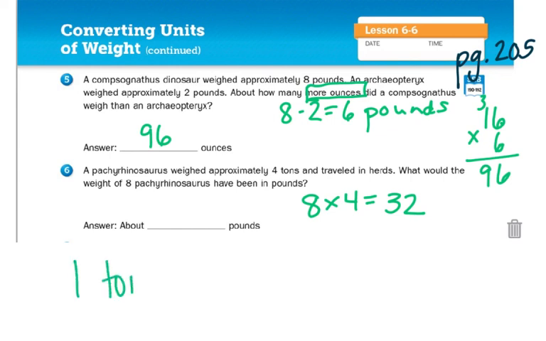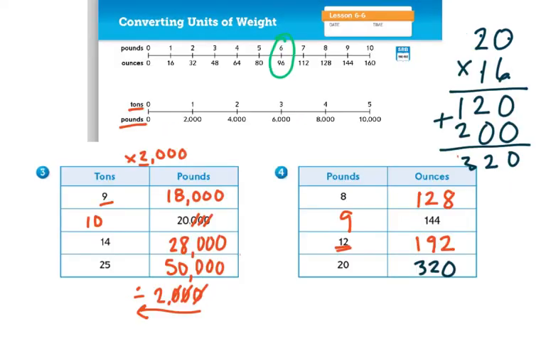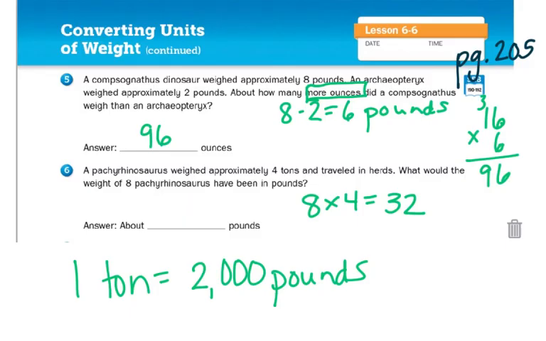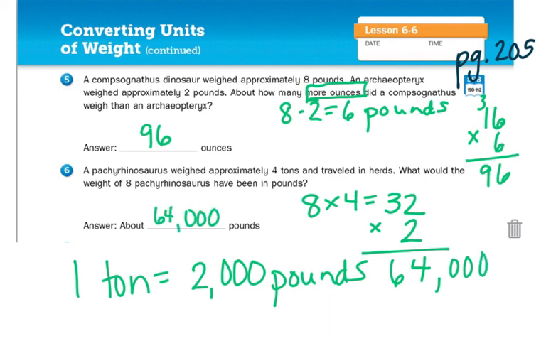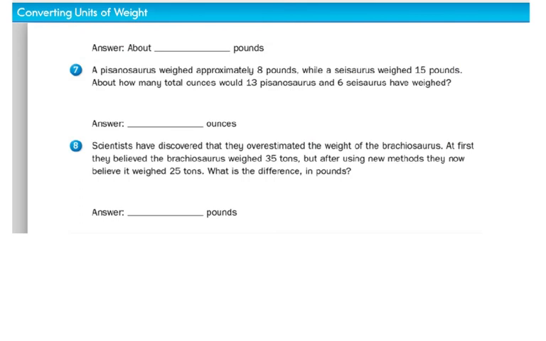Remember that 1 ton is the same as 2,000 pounds. And again, if you need to go back, you can look at our chart there, our scale. So if I multiply this by 2 and add thousands behind it, 64, and then add my thousands, 64,000 pounds.